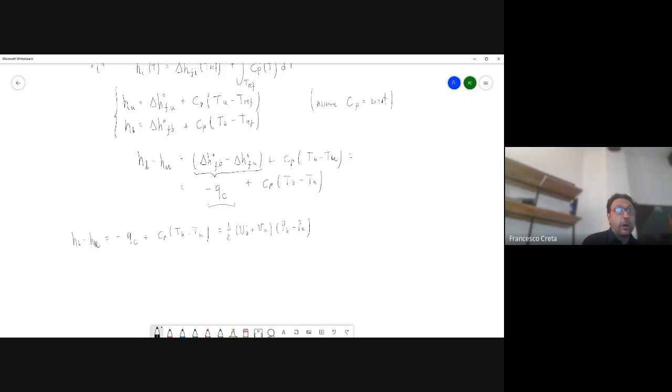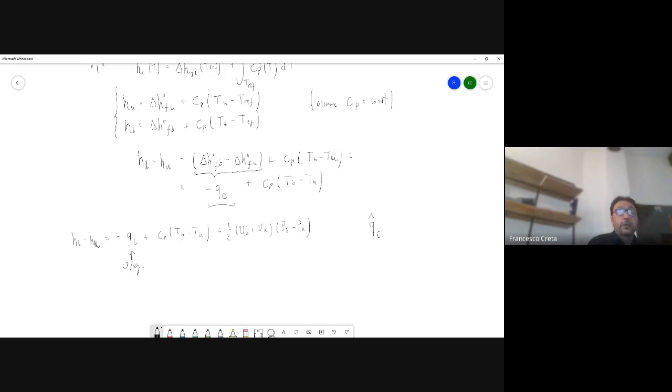What I will require is this definition here, in the sense that we have to remember what Q is. This is the heat of reaction, so it's the heat essentially released. Q is measured in joules per kilogram.